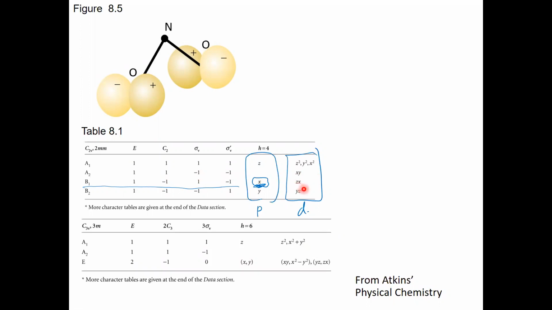The dxy is in the category A2: 1, 1, minus 1, minus 1. And x is here, B1: 1, minus 1, 1, minus 1. And dz squared is here, A1 symmetry: 1, 1, 1, 1, right?